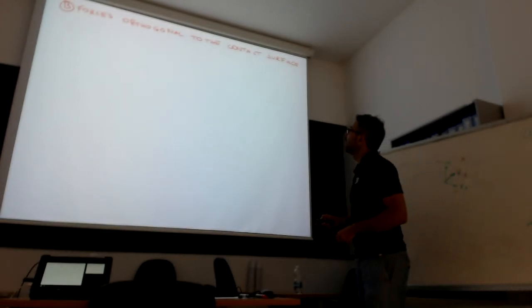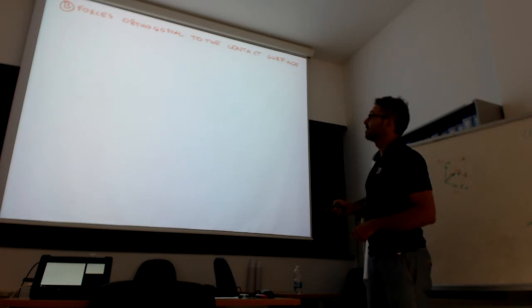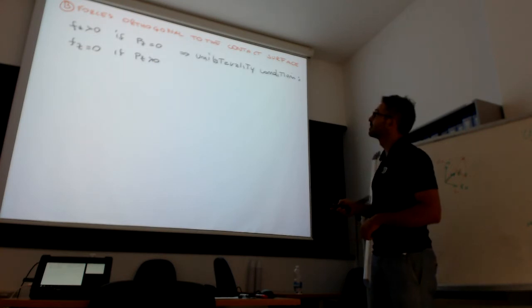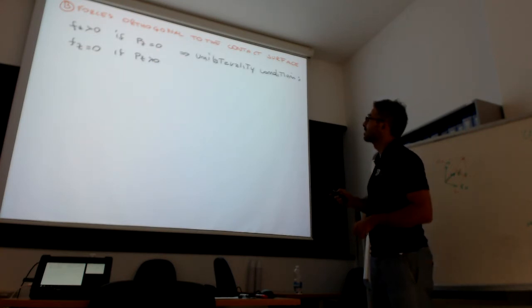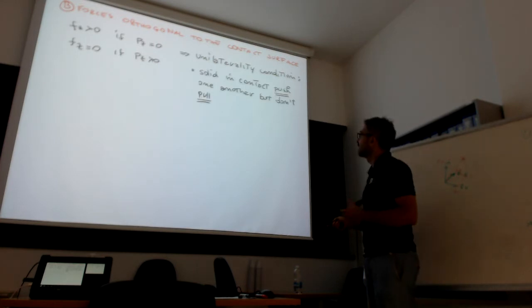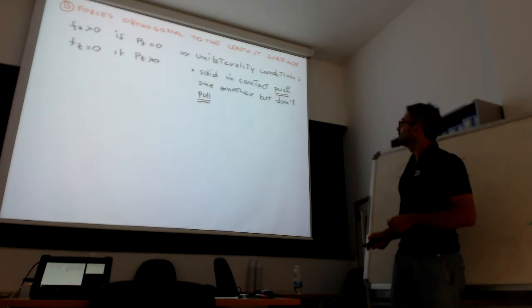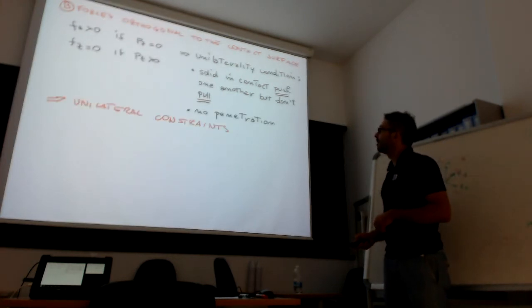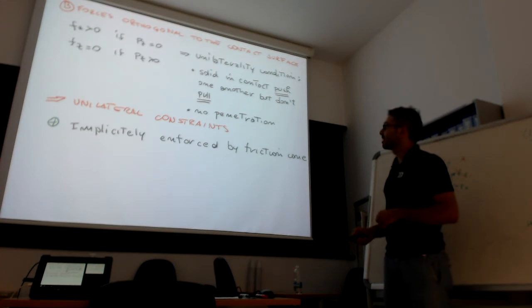The other constraint is a unilateral constraint. We said that the z component should be positive whenever the contact is established, and this is due to the fact that the leg can only push but not pull. There is no penetration, and these are called unilateral constraints.